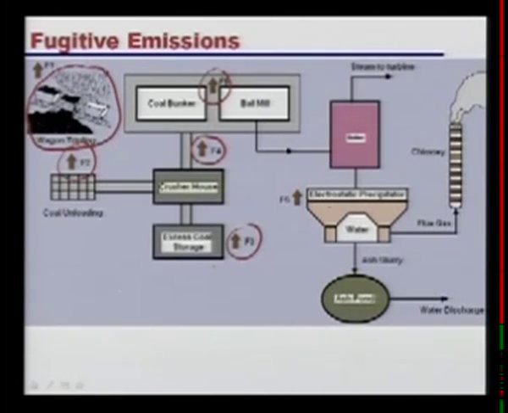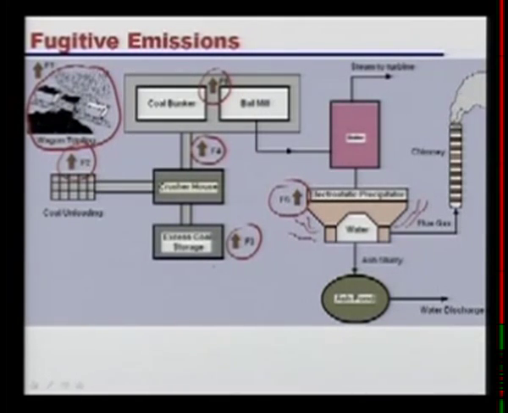Finally it goes to the boiler, which we have seen. Here is the particulate control, and as material is transferred to the water, there are leakages. So that you can call the source F6.